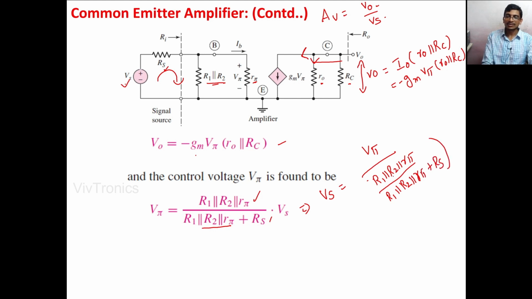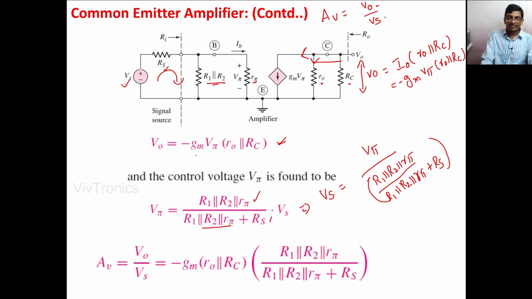That is the value of Vs. Now we have the equations for V0 as well as Vs. The ratio of V0 to Vs is the voltage gain AV. Therefore, AV is equal to V0 divided by Vs, which is equal to minus Gm into R0 parallel RC into R1 parallel R2 parallel r pi divided by R1 parallel R2 parallel r pi plus Rs.